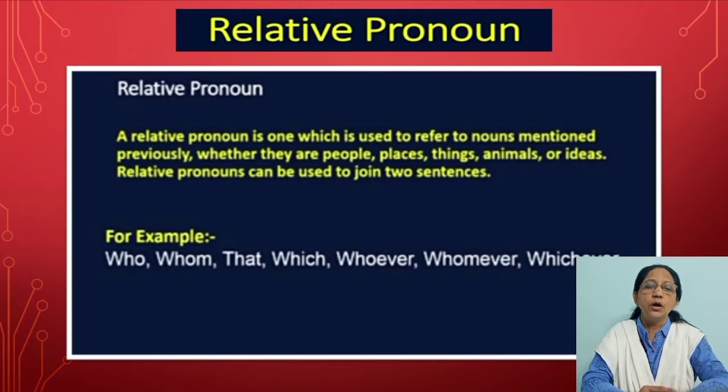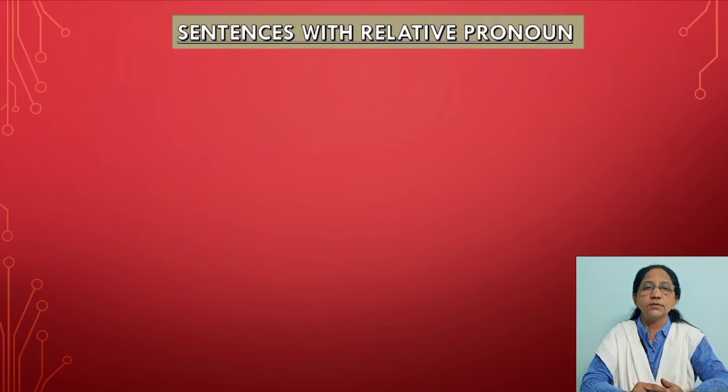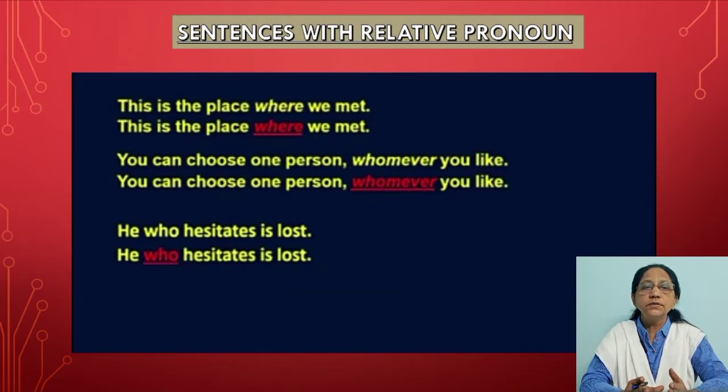For example, who, whom, that, which, whoever, whomever, whichever. Now let us see some of these sentences. This is the place where we met. You can choose one person, whomever you like.